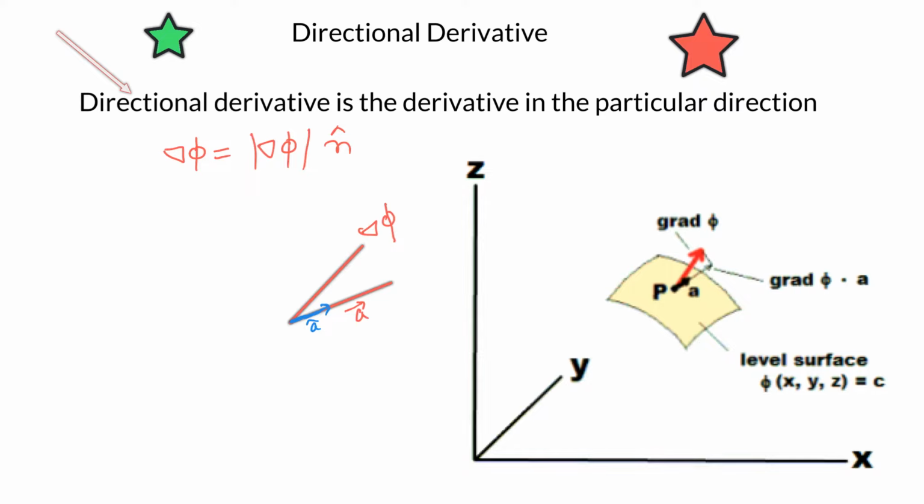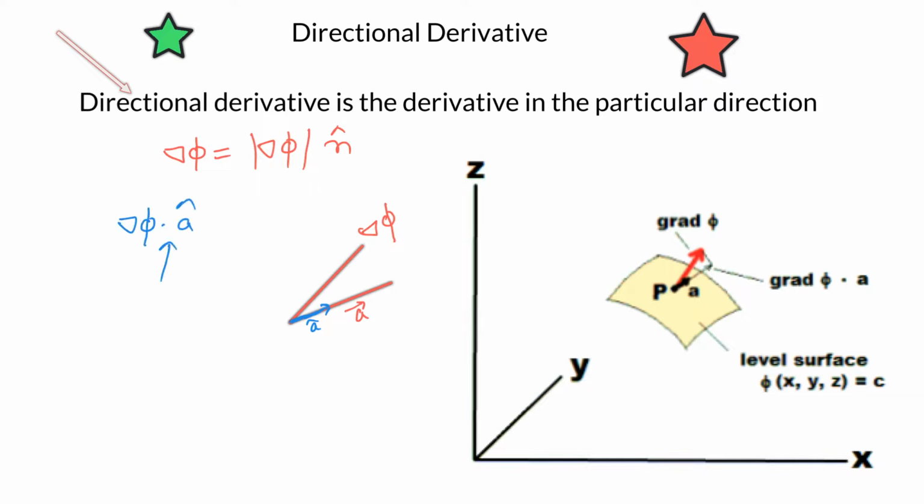So how will you take the directional derivative in the direction of A? You know the simple formula: take the component of del phi in the direction of A, and it is taken by del phi dot A cap.